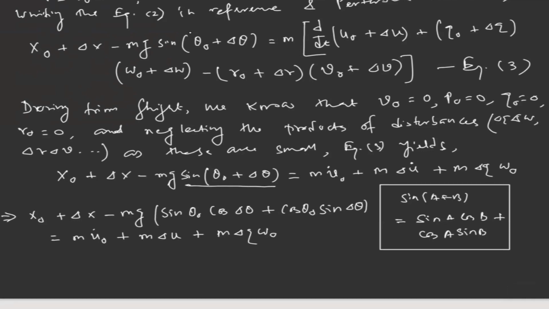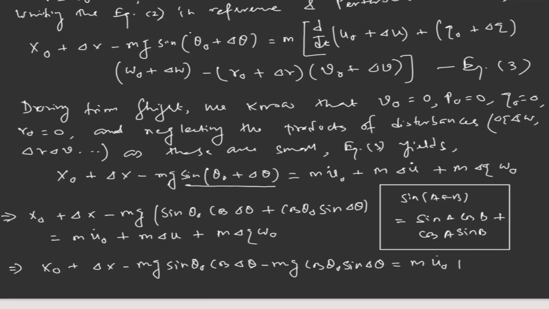Further, we can write X naught plus del X minus mg sine theta naught cos del theta minus mg cos theta naught sine del theta equal to m u naught dot plus m del u dot plus m del q w naught.